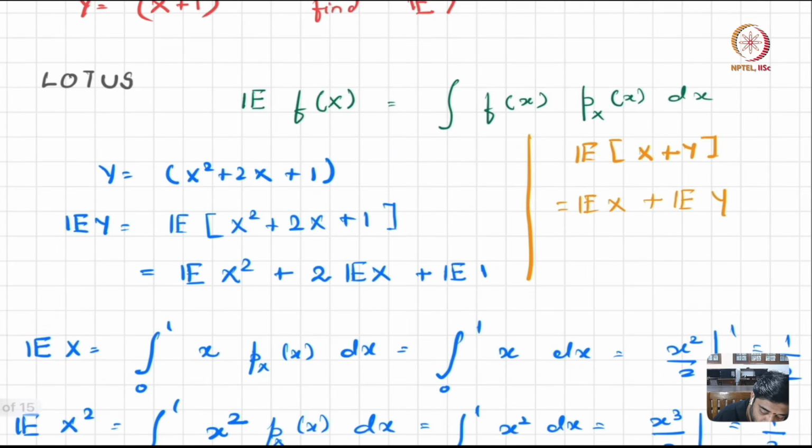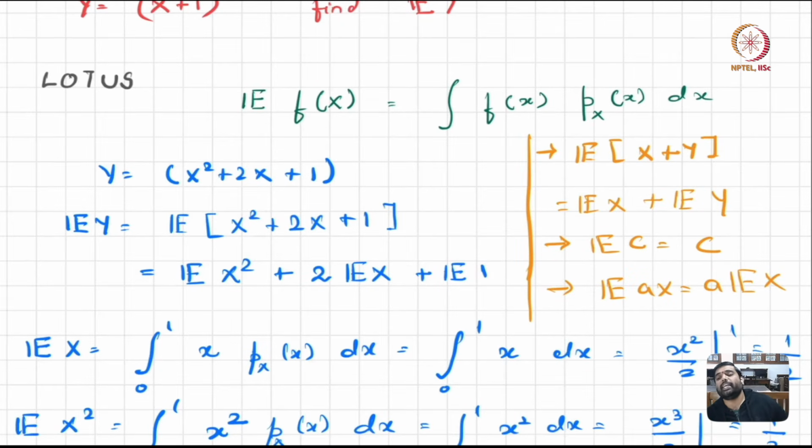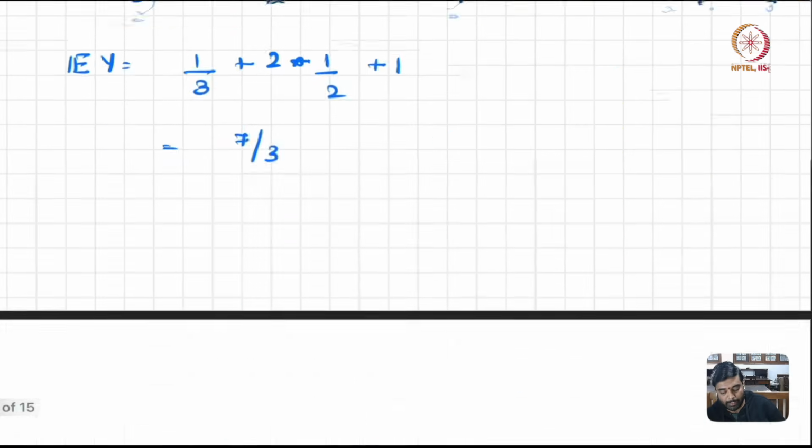The first one: expectation of a constant is the constant. Then expectation of ax is a into expectation of x. See, expectation of x is a constant. It's a scalar. Please remember that.